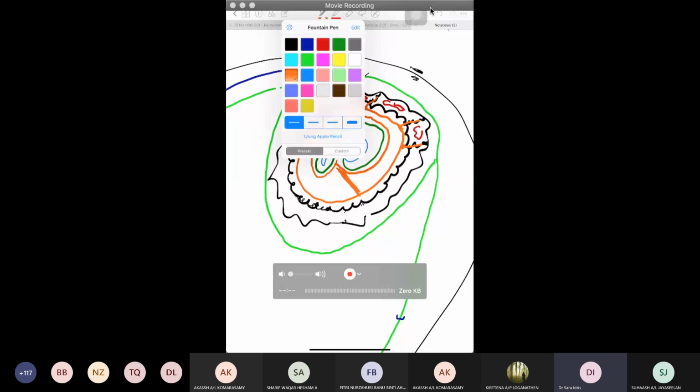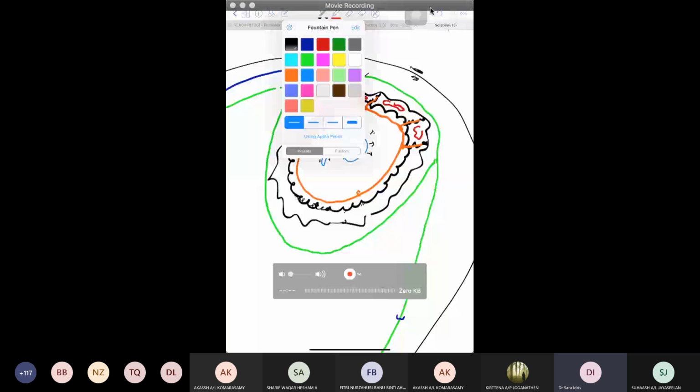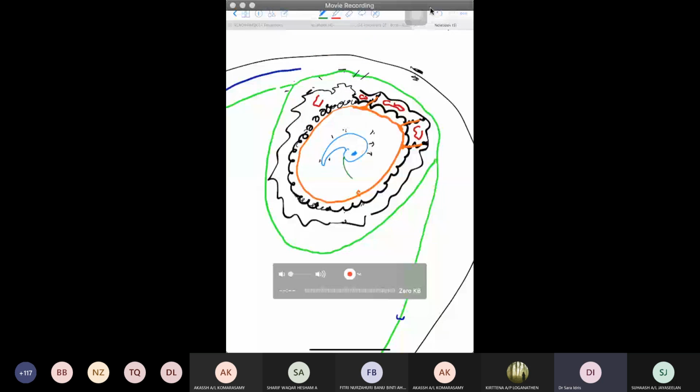So they will all grow quite rapidly. Now that the fetus is going to grow, the amniotic cavity is also going to be filled with a lot of amniotic fluid. So eventually, the amniotic cavity is going to grow very big, that it will push the inner layer of the extra-embryonic mesoderm towards the outer layer of extra-embryonic mesoderm.